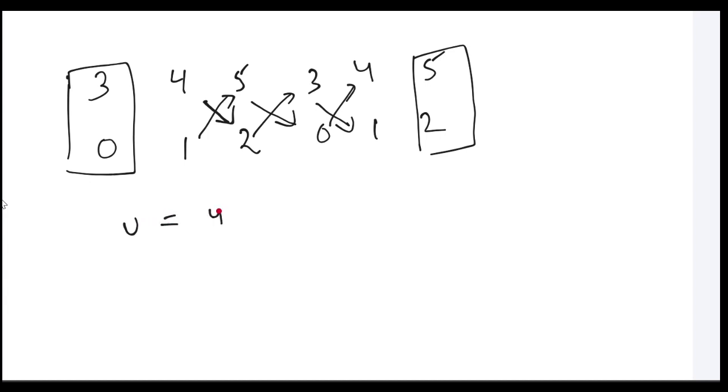First u can be calculated. 4 into 2, 4 into 2 is 8, minus 5 with 3.